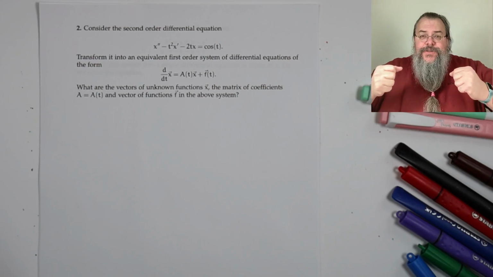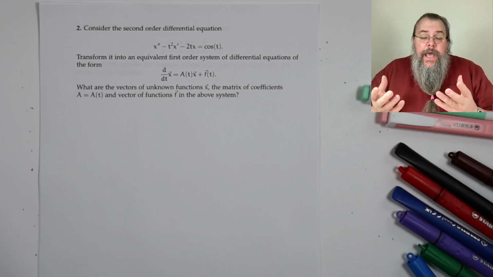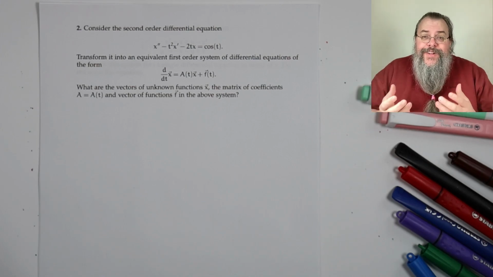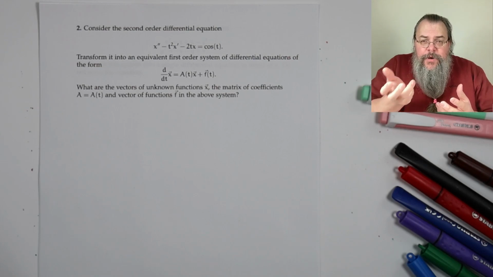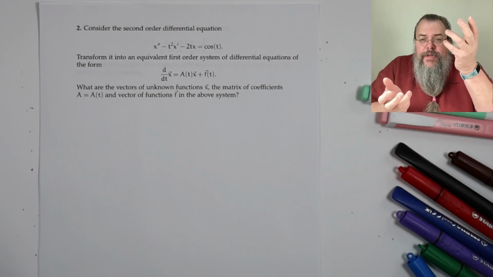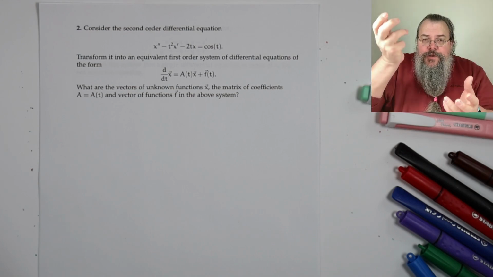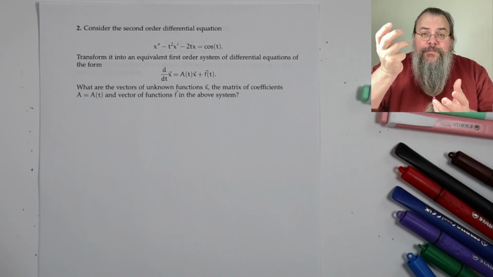Okay, so what's going on? Well, essentially there's a trade-off, which is the number of things that we're solving for and how many derivatives we're willing to take. So right now we're saying, look, we're solving for one thing, but we're willing to take 2 derivatives. But we can switch and say, look, we'll solve for 2 things, but only take 1 derivative of each of them.